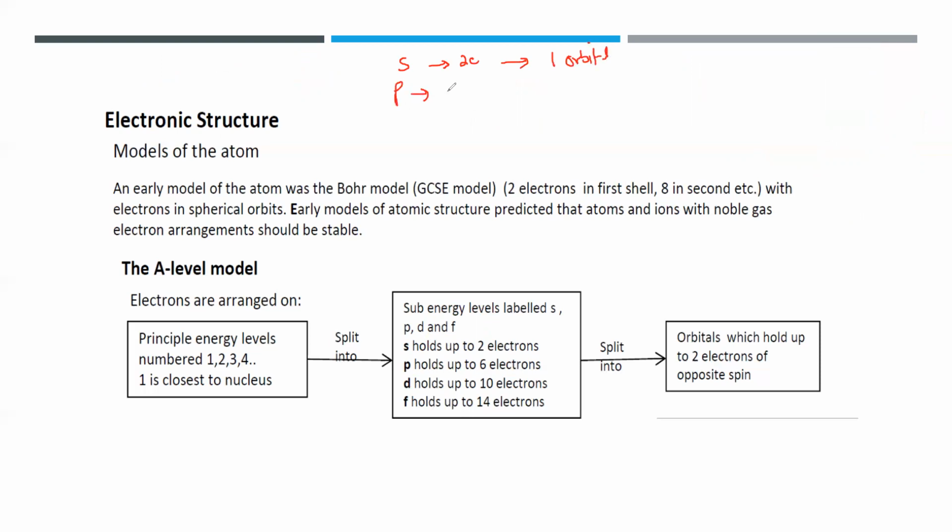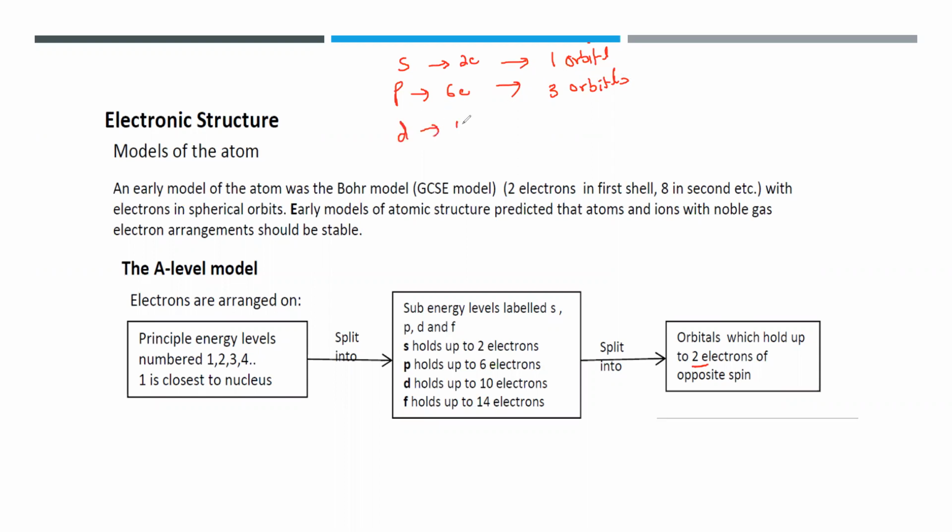The P subshell can hold 6 electrons, so how many orbitals will there be? There will be 3 orbitals, because each orbital can hold a maximum of 2 electrons.